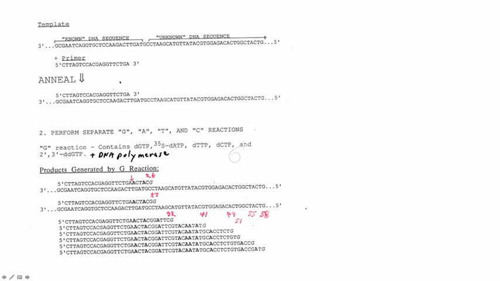Then you will divide up this annealed stretch of DNA into 4 different reactions. In one reaction, you will have S35 labeled dATP, dTTP, dCTP, and you will have dideoxy GTP, as well as the polymerase that's going to add your base and a certain amount of salt and a good buffer and all the normal things you would have in a reaction.